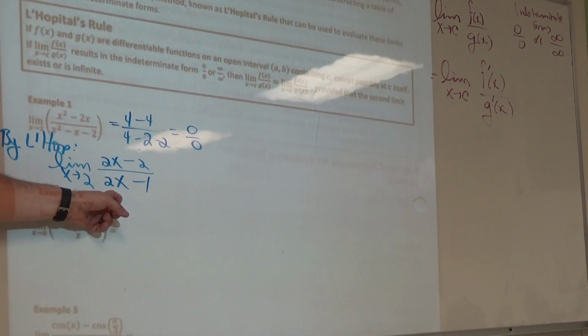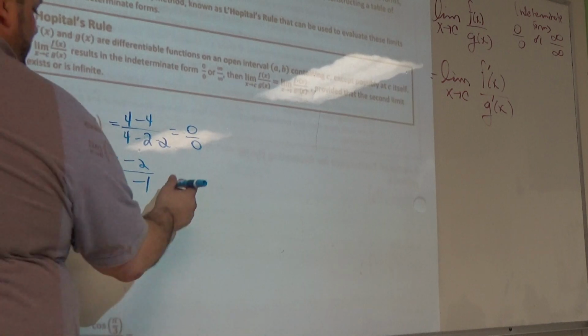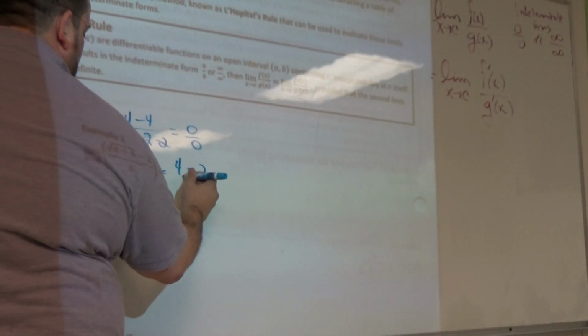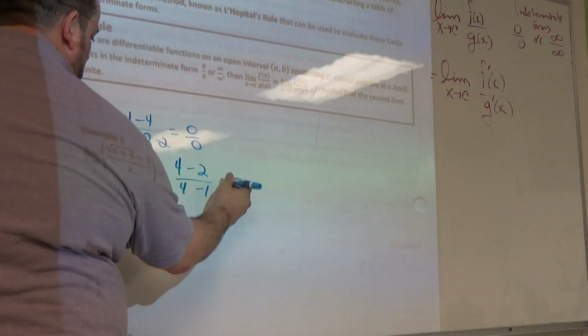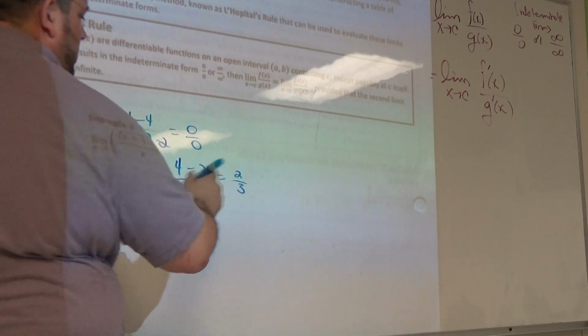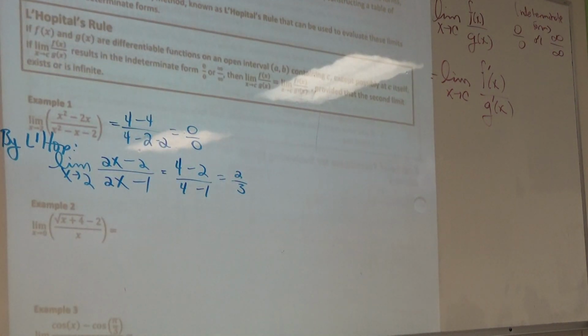Now take the limit. If I take the limit as x approaches 2, I've got 4 minus 2 over 4 minus 1, which is 2/3, which is the limit that you already came up with earlier, back in the day when you didn't know about L'Hopital's rule. L'Hopital's rule is going to feel like you're sprinkling magic on the limits, and that's okay. It works.